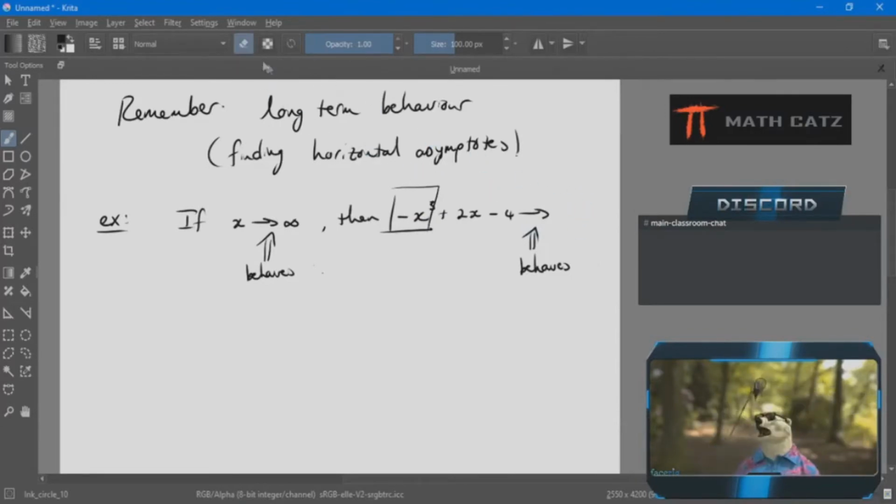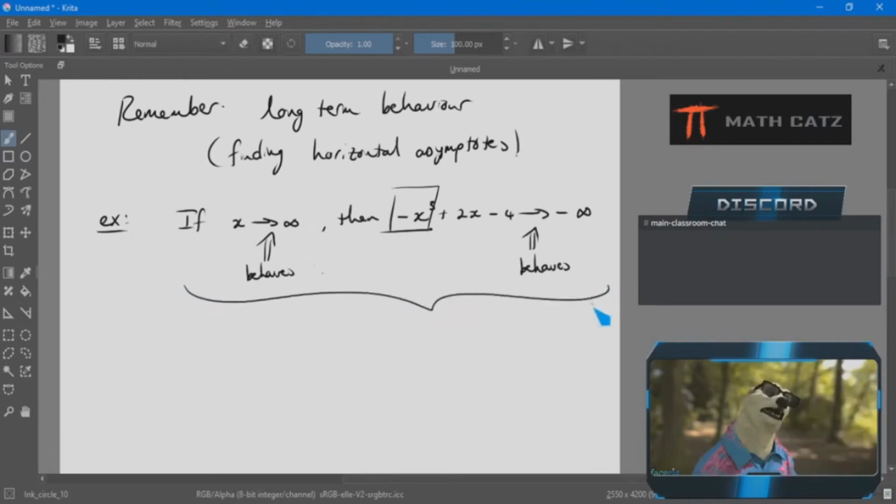It's going to be negative infinity. So the function value blows up in size but always negative, as x blows up in size but always positive. I simply want to now phrase this in a more compact way that going forward it's going to feel a little bit more like calculations instead of sentences, but it's going to be the exact same thing.